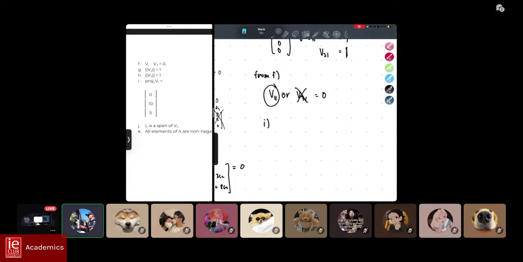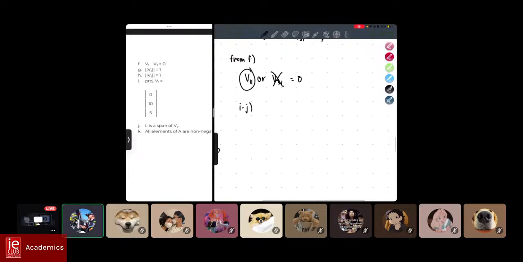I basically says na the projection of L onto V1 is 0, 10, 5. And it also tells us, let's use J na rin, na L is the span of V2. So, going back to the span ulit. So, let's first find the span of V2.